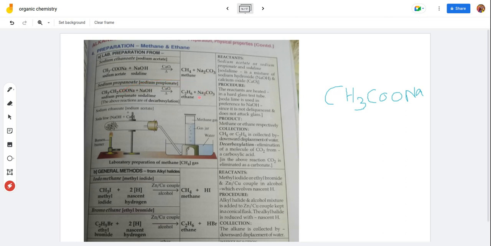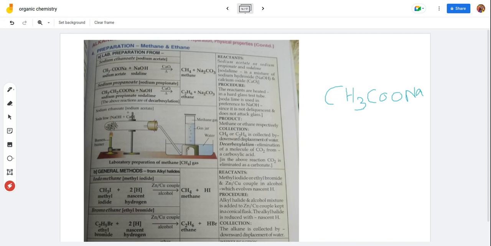Now I told you that carbon dioxide is removed as a carbonate. So you will have the ethane. The reason is CH3CH2 and this hydrogen will combine to form C2H6. Again C2H6 is collected by the downward displacement of water. So this is decarboxylation.